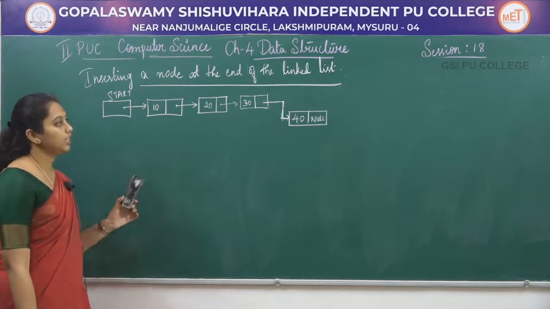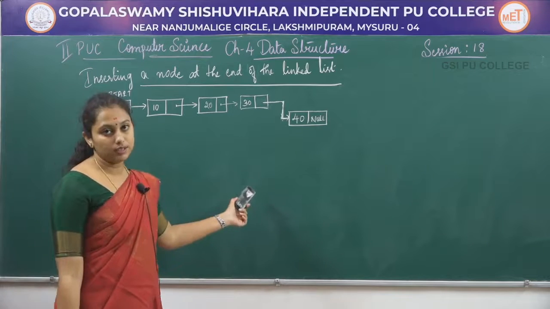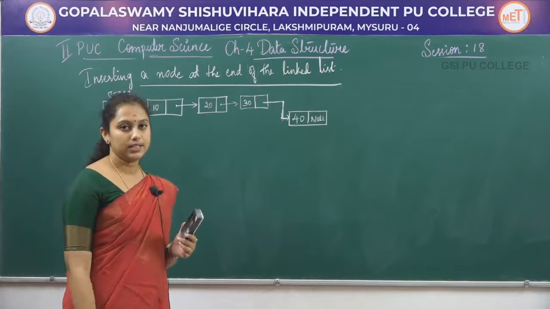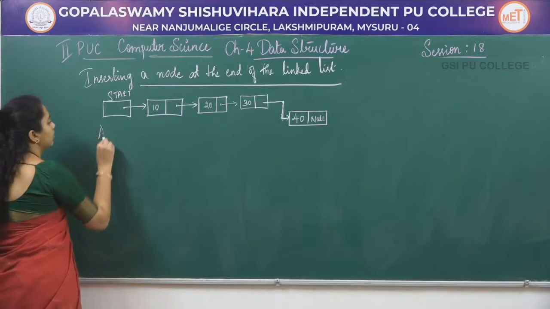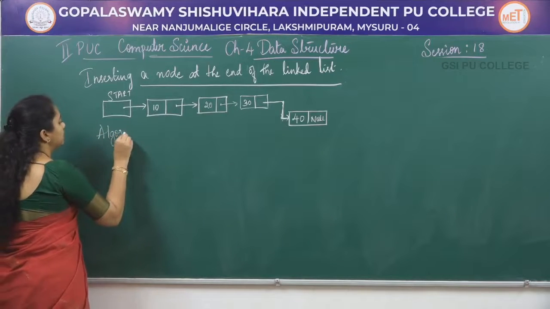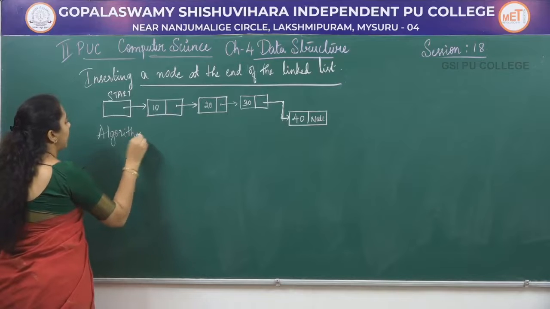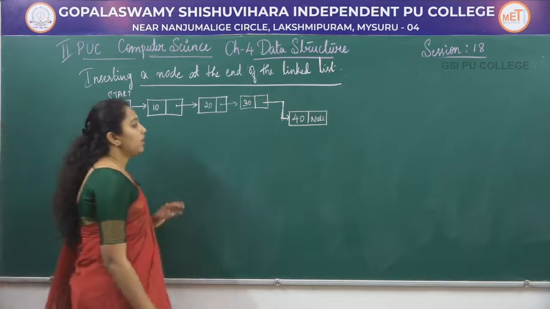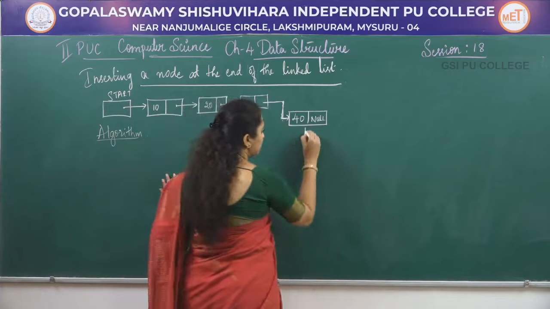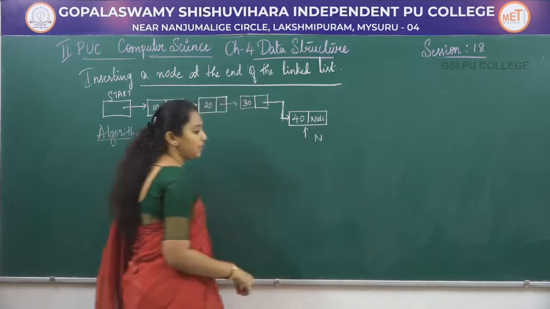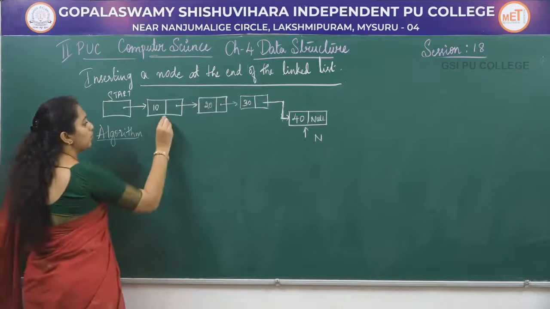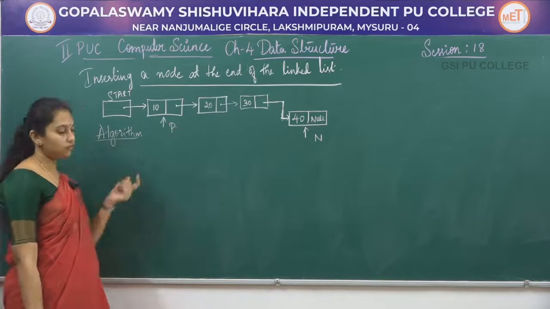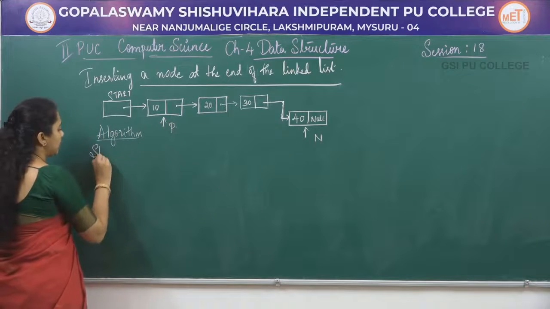So now let's see the algorithm for inserting a node at the end of the linked list. I am going to consider this new node as n and the first node with a pointer called P. So what is the first step?